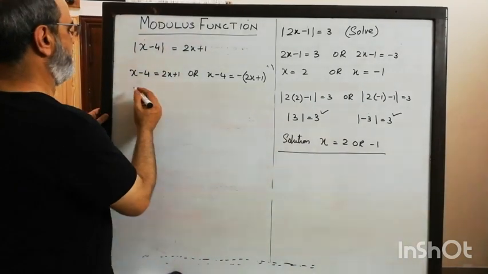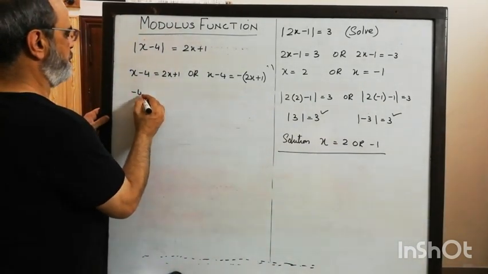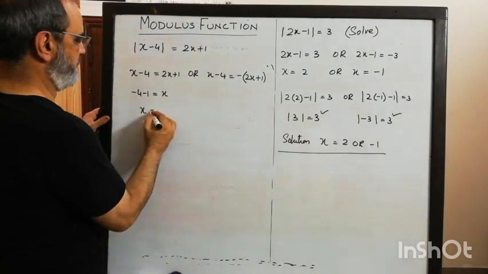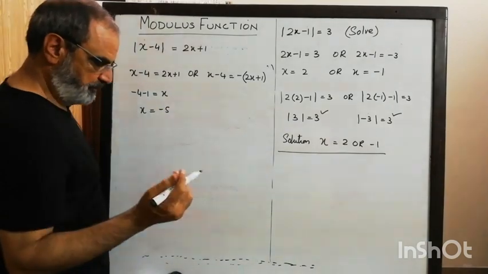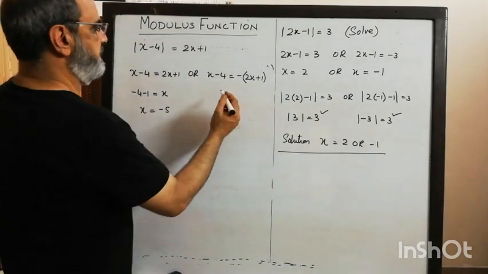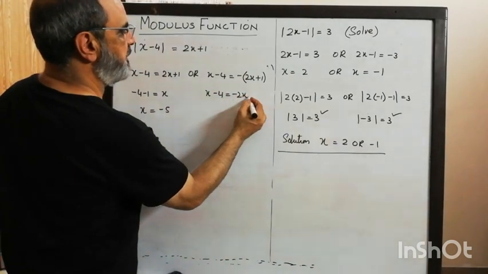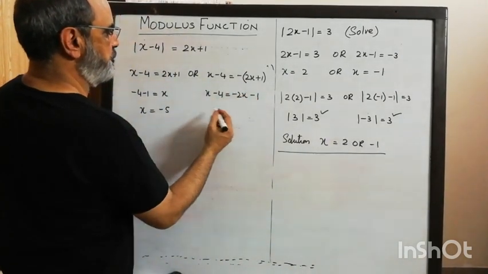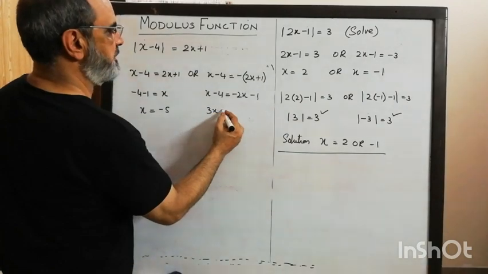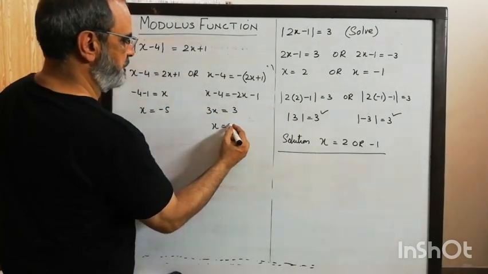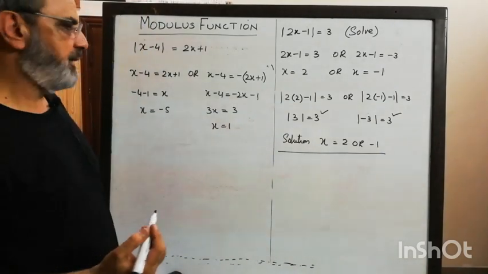We'll get minus 4 minus 1 is equal to x, or x is equal to minus 5. Similarly, I'll get x minus 4 is equal to minus 2x minus 1, so it will be 3x is equal to 3, or x is equal to 1. So we got two values of x.